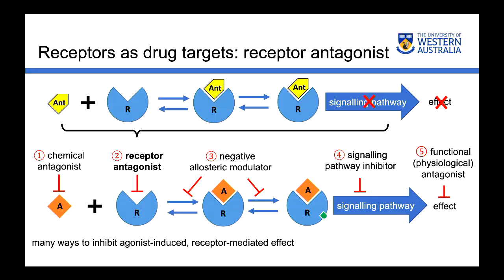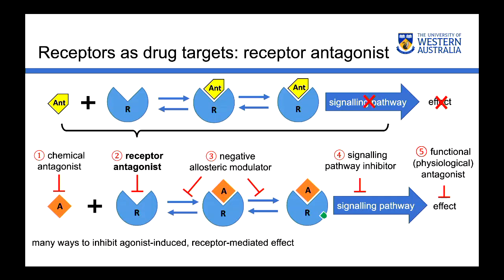But that's just one way by which drugs can be used to inhibit agonist-induced receptor-mediated effects. One way is to use receptor antagonists, but there are many other ways to inhibit this whole process. So this gives you an overview of some other ways. First is chemical antagonists. I will touch on that on the next slide. Or you can use allosteric modulators, to either affect the binding between agonist and the receptor, or the ability of the complex to initiate signal transduction or cause a conformational change.